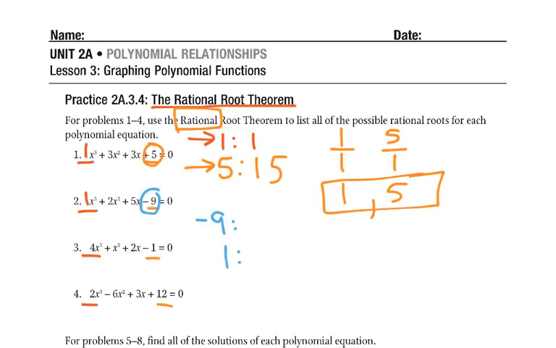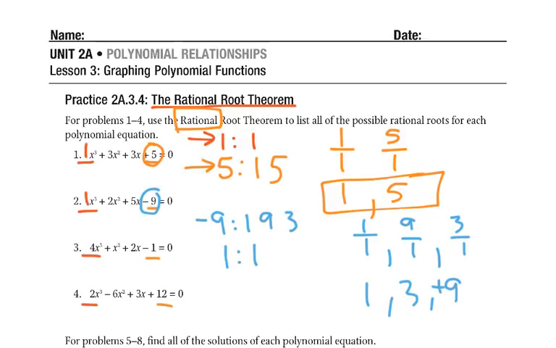Okay, so 9 can be 1, 9, or 3, right? 3 times 3 is 9. And 1 would be 1. So we have 1 over 1, 9 over 1, and 3 over 1. So in other words, 1, 3, and 9. Positive or negative versions of them. Okay, so let's see if any of these are right. Let's graph this one now.